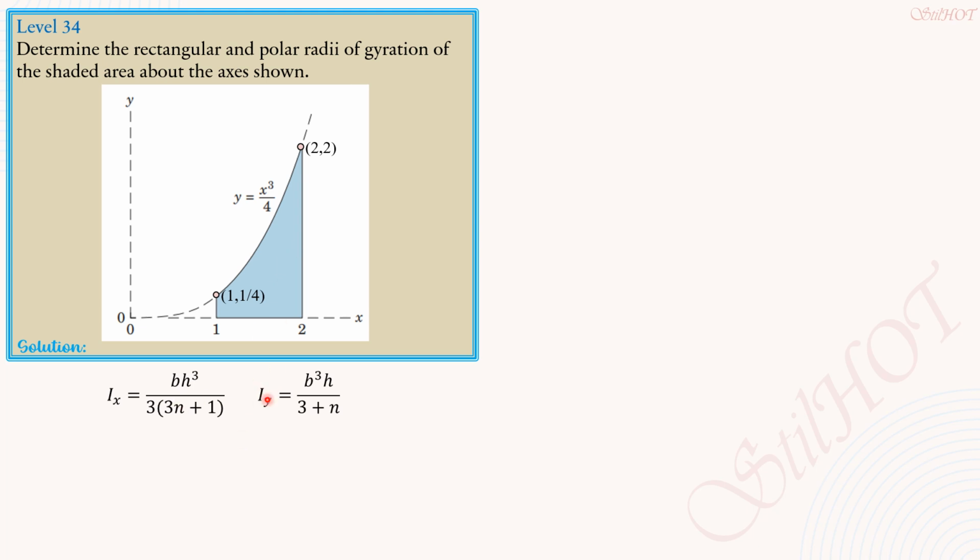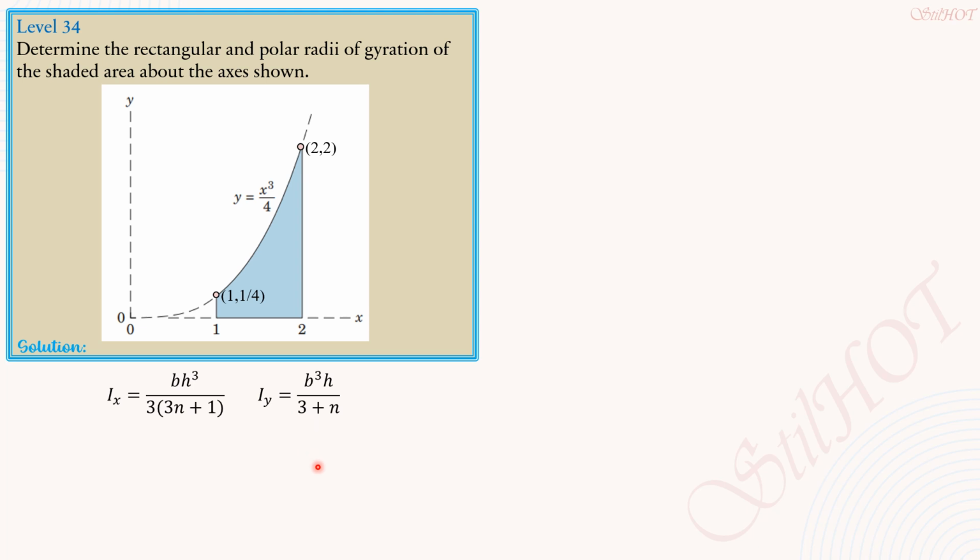But remember, these formulas were developed by integration. So we can actually evaluate this by integration also. So as an alternate way in your free time, I want you to derive or determine the moment of inertia with respect to the x-axis and the y-axis so that you can compute the polar radii of gyration of the shaded area about the x-axis and the y-axis.